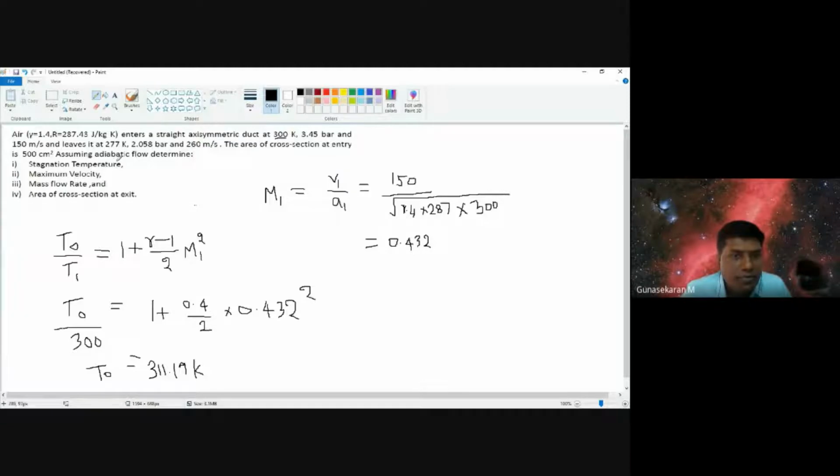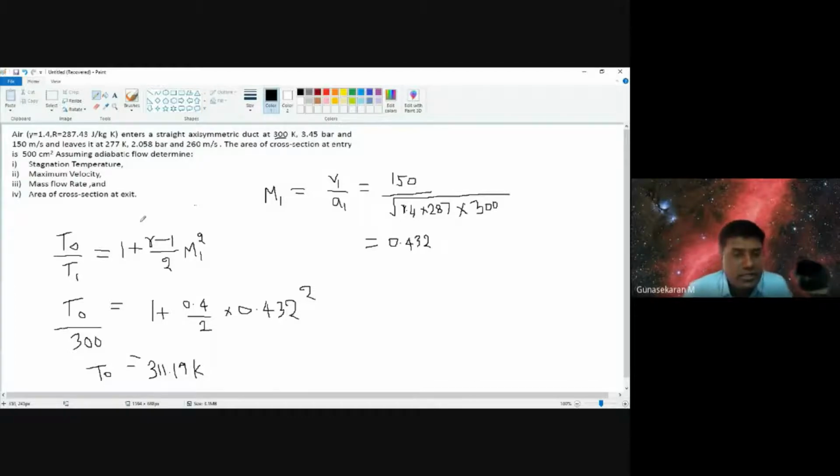Since it is adiabatic flow, there won't be any heat transfer. If this is the case, there won't be any losses as well. Since the heat transfer is zero, the losses will be nullified. So in that case, you have to find out the stagnation temperature.